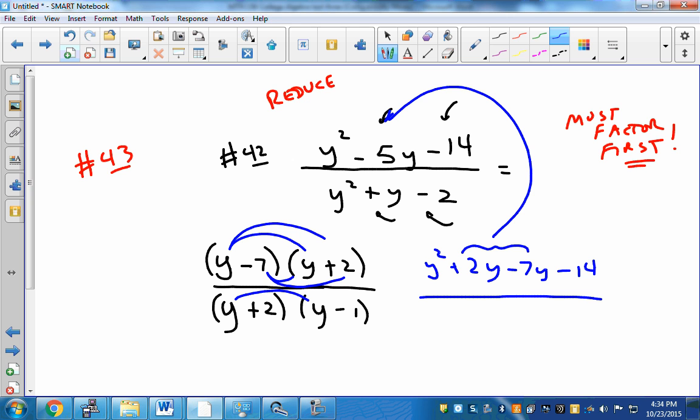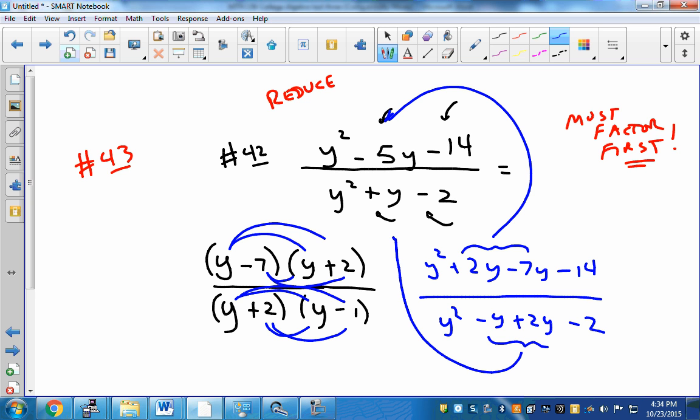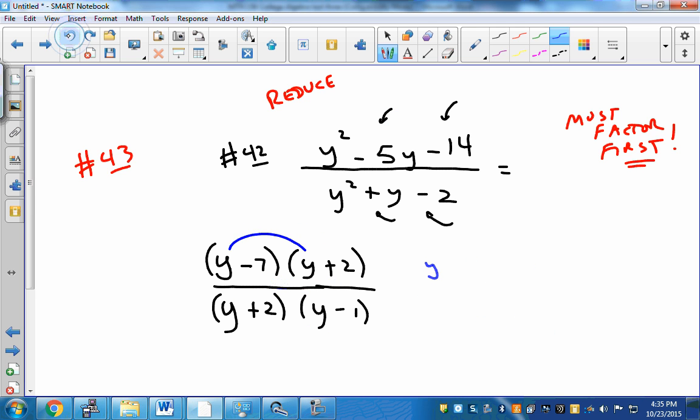We've got a y squared, and we have a minus y, and we have a plus 2y, and we have a minus 2. And sure enough, these go right to there. Okay, so we factored it correctly.